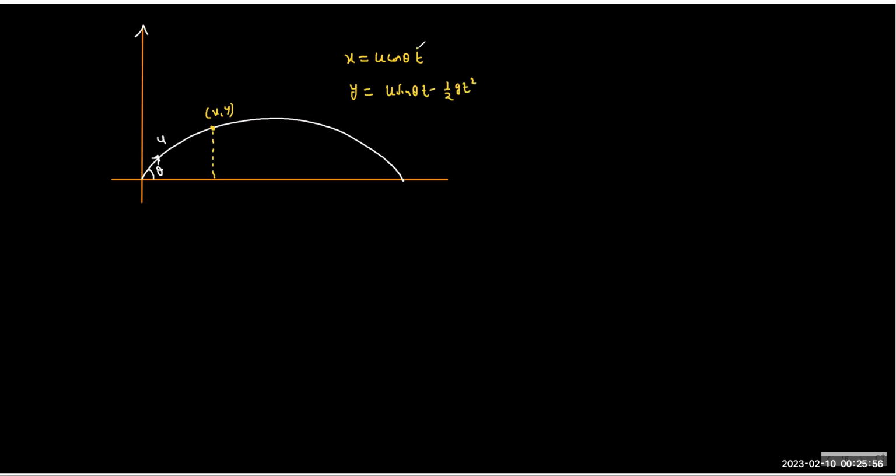And then you can substitute T from here. So what do we get here? Y equals to? U sin theta times x upon U cos theta, I mean, U will get cancelled. So x tan theta minus half G x square by U square cos square theta.